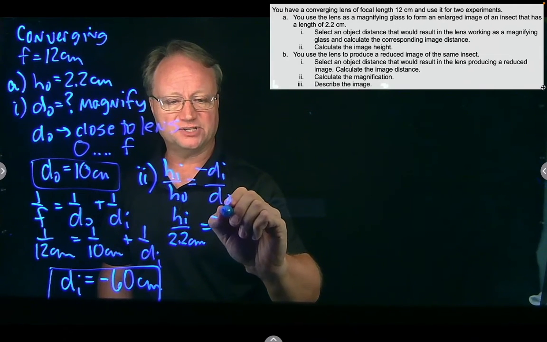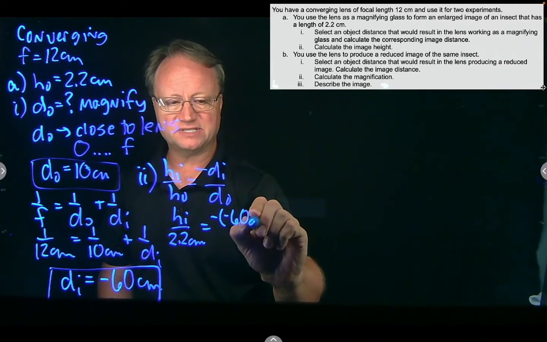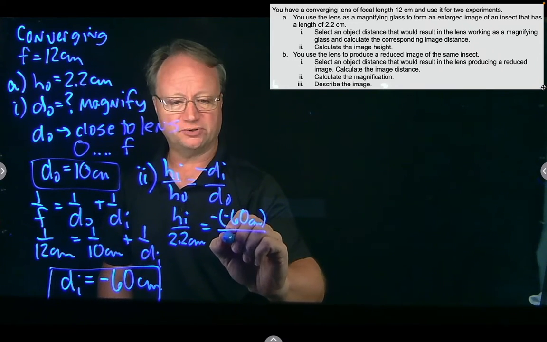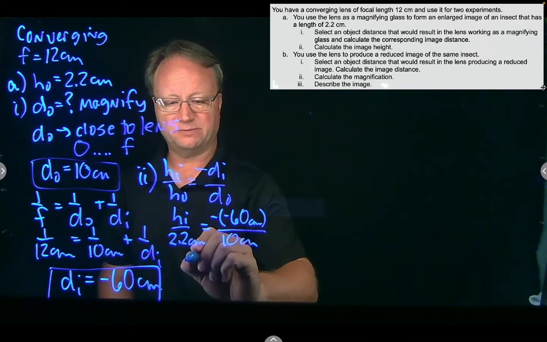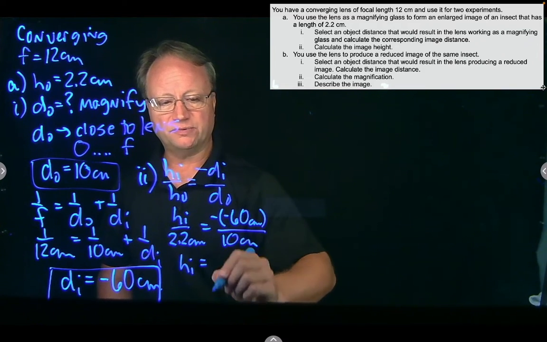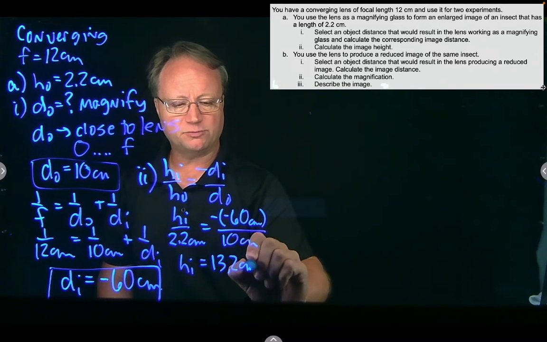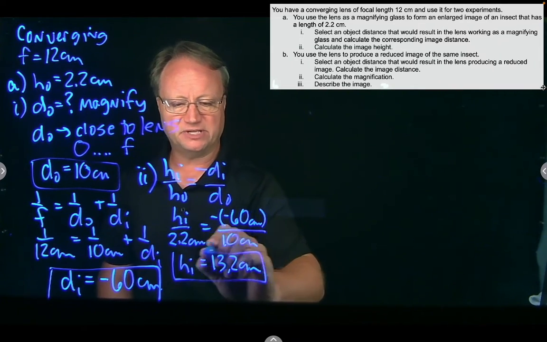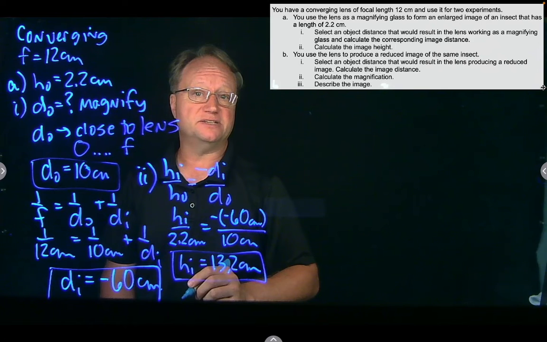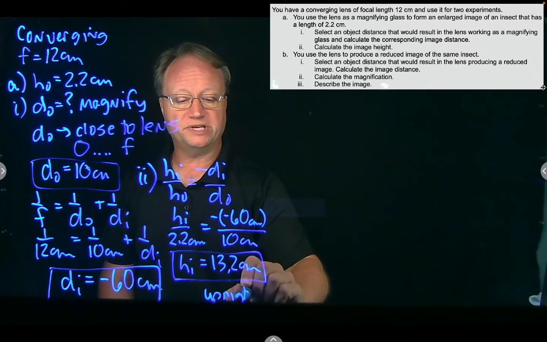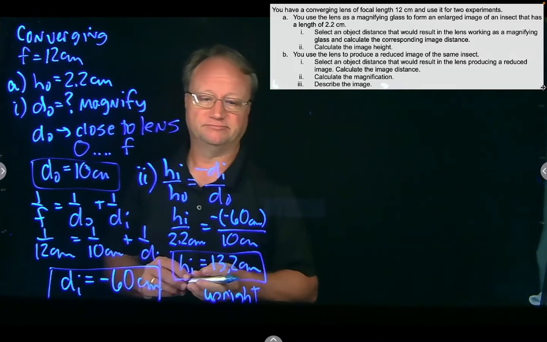Negative d sub i, so that's going to be the opposite of negative 60 centimeters, over d sub o, which we chose to be 10 centimeters. So then when we solve down for h sub i, 13.2 centimeters. Now, it is positive, and positive means that that image will be upright.